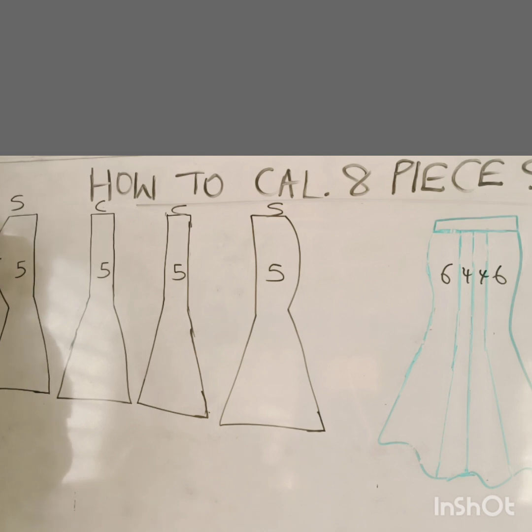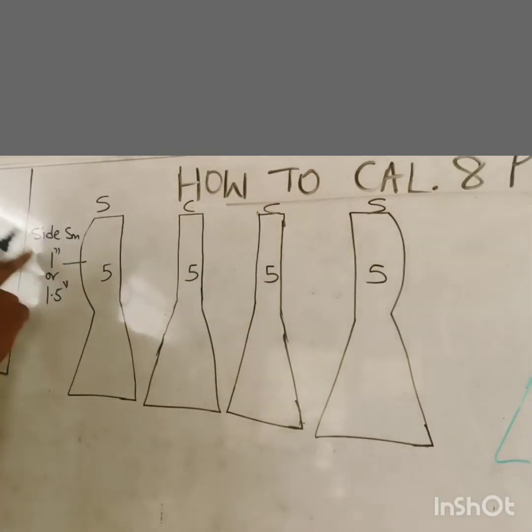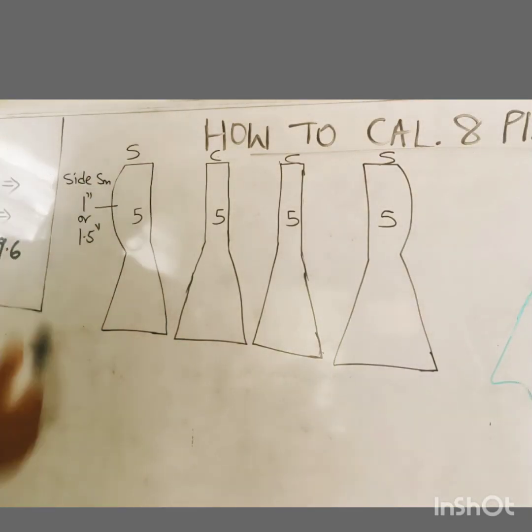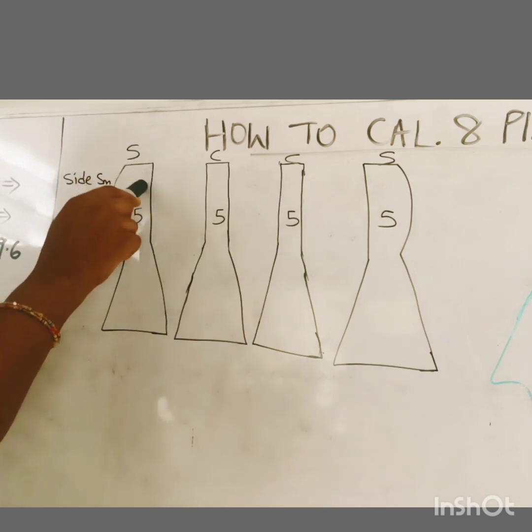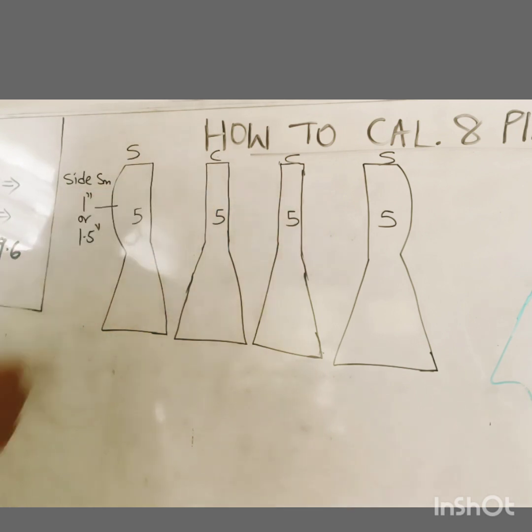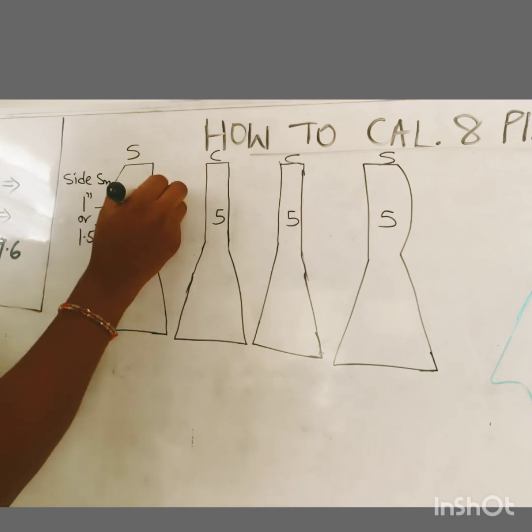So side seam, you need 1 inch or 1.5 for the side, and then you need 1/2 inch to join this side to this first center. Okay, to join you need 1/2 inch.